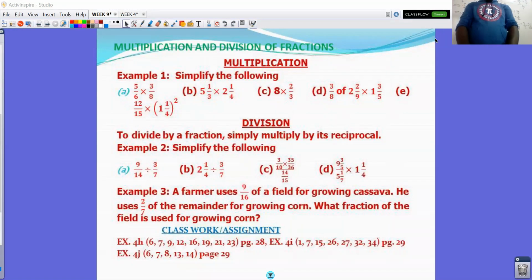Shehu, what's the problem? So, if you are given a question like 7/3 divided by question mark equals 2/5, how do we solve it?